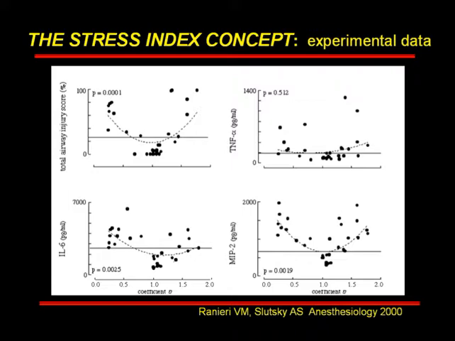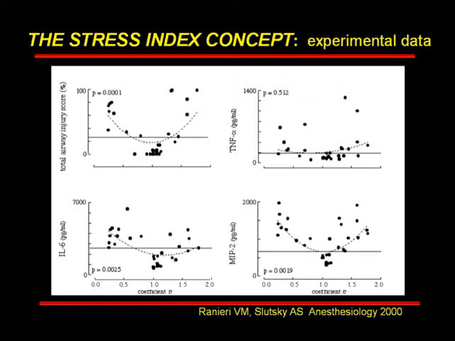And we used a coefficient called stress index to describe the shape of the curve. A stress index equal to 1 means a straight line. A stress index lower than 1 means a downward concavity due to opening and closing stress. A stress index higher than 1 describes a curve with an upward concavity, describing the potential risk for overdistension.